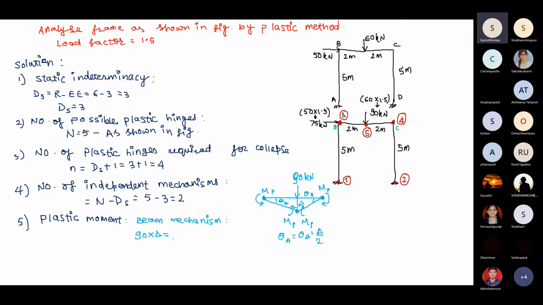Therefore I will directly write 4 MP into theta. Therefore 90 into delta is equal to 4 MP into delta by 2. So delta gets cancelled, and then simplifying, we will get MP is equal to 45 kilonewton meter.